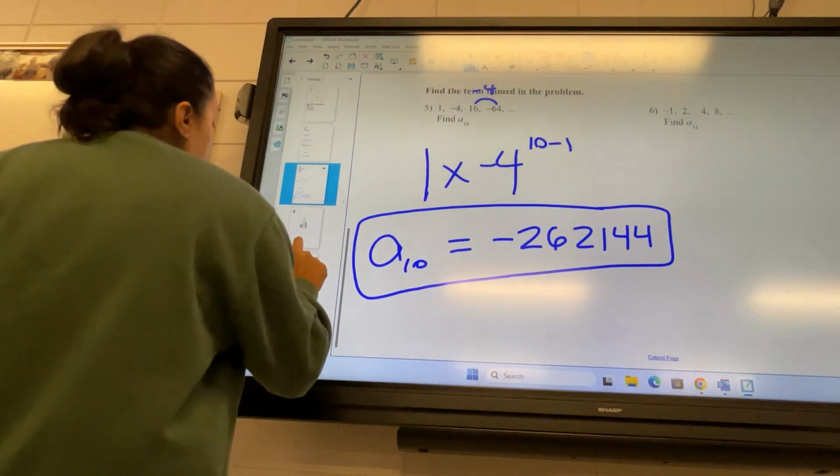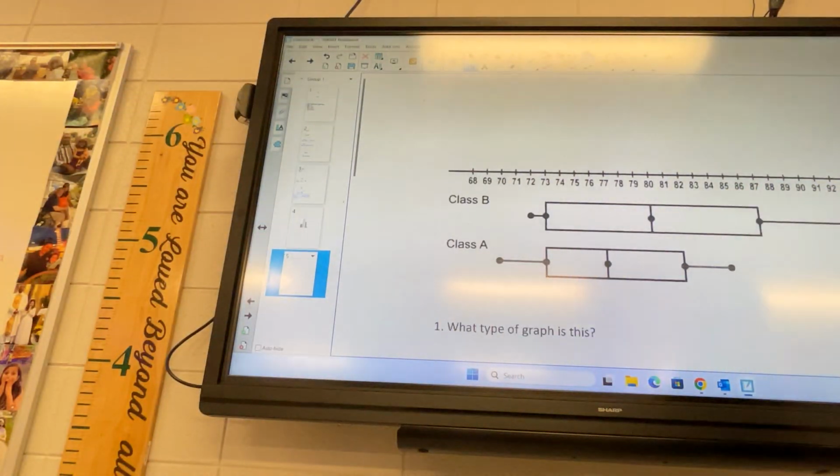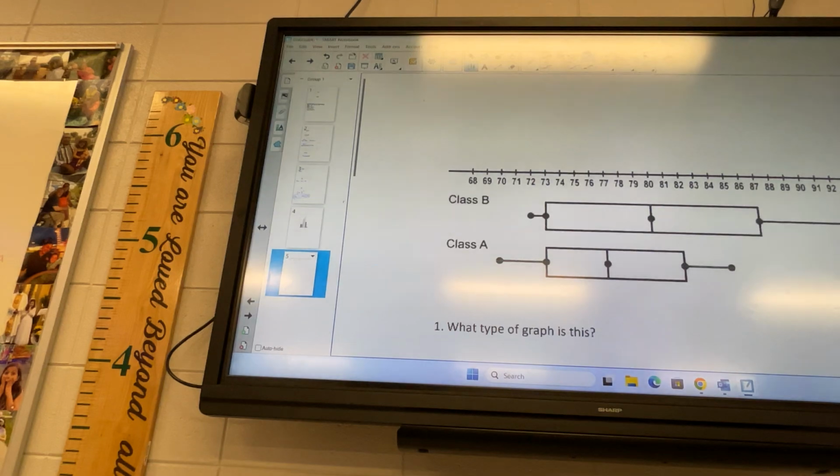Okay, go to this page. What type of graph is this? What is it?